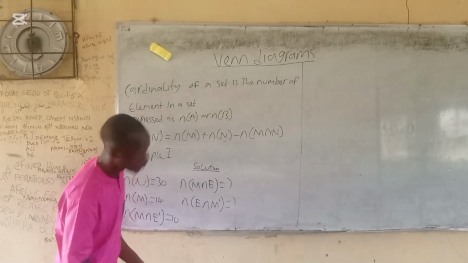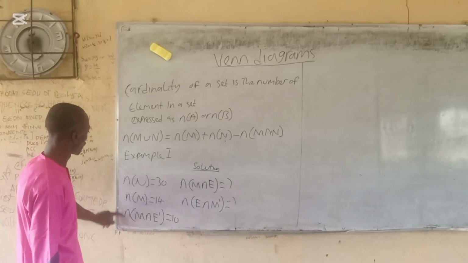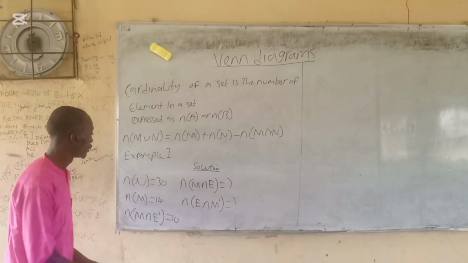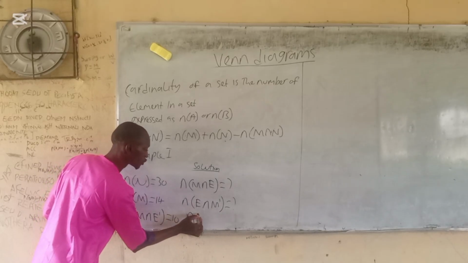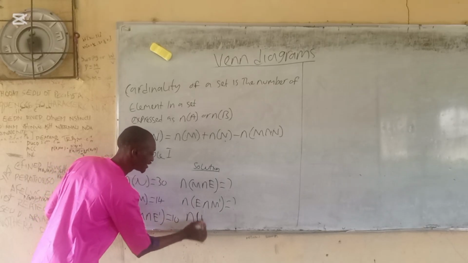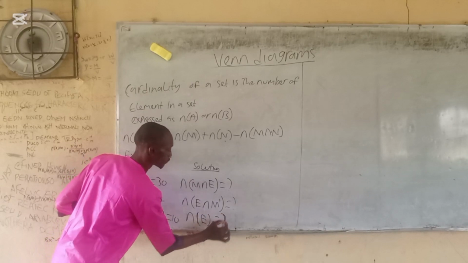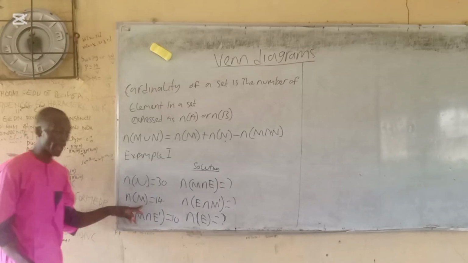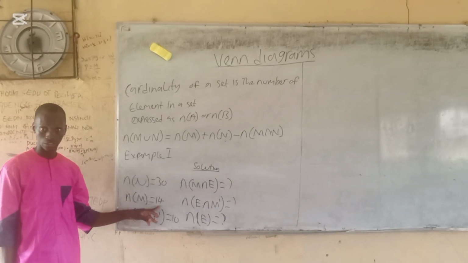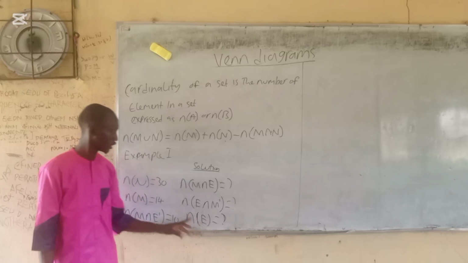Now, this is what we're going to do. What we're looking for, we add this. Now, the last one on the list, the number of people who have taken economics. Also looking for this one. If you look at it, we have n of M to be 14. N of E, we don't add it.